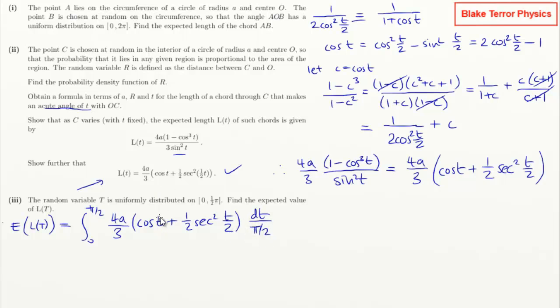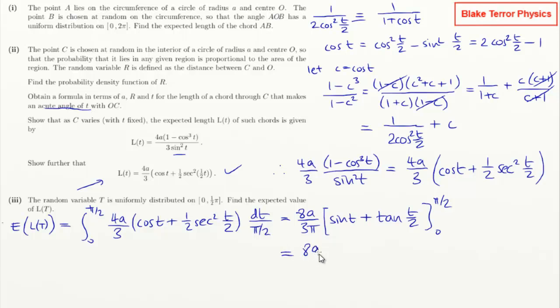That 2 is going to give us an 8, so I'm going to have 8a over 3 pi. Then I'll have a sine t. And then this is tan, isn't it? It's one of our standard results, a half sec squared. So that's going to be tan of t over 2, going from 0 to pi over 2.